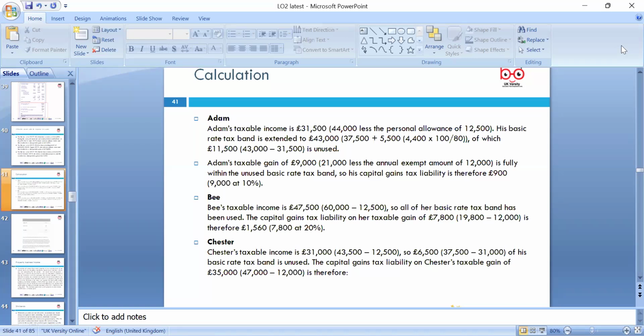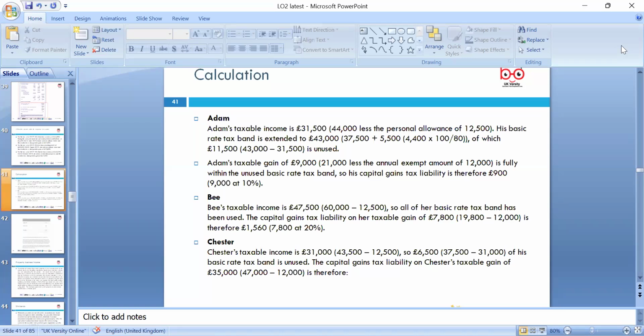7,800. And if the taxpayer was a higher rate taxpayer, then of course we have to look at the adjusted figure in that case. Of course, again we can look at 31,000. 37,500 was the limit, 31,000.